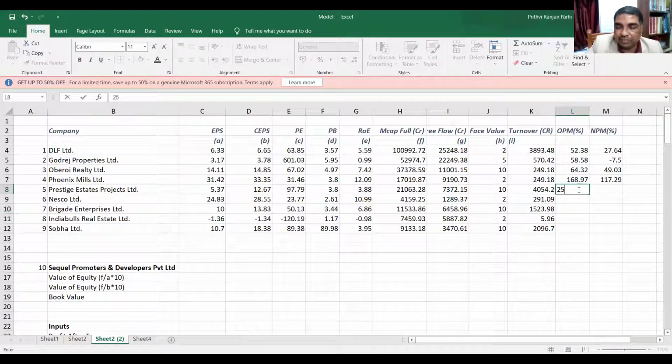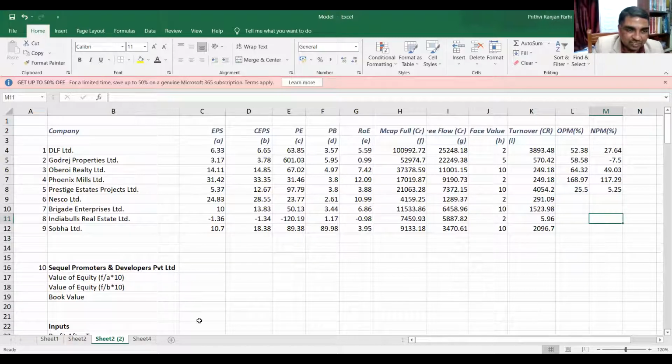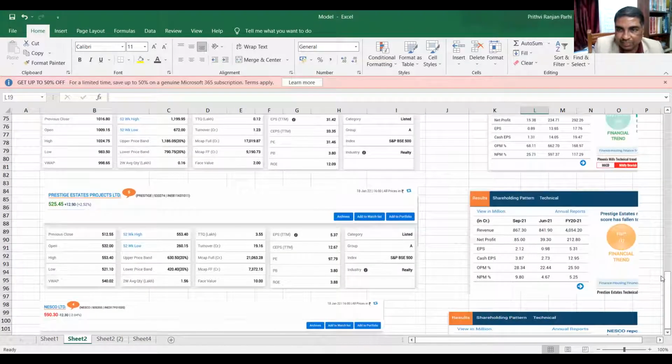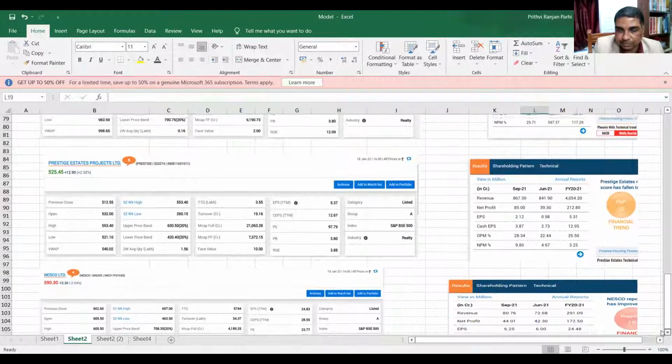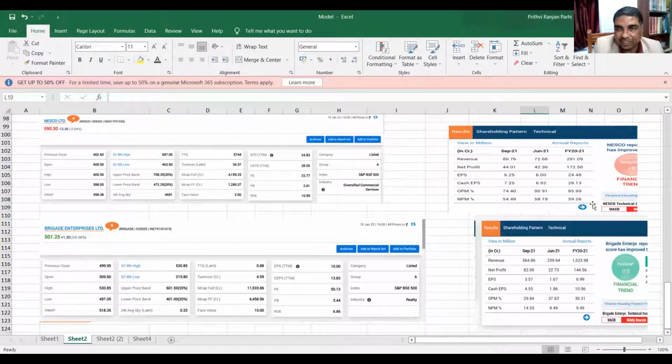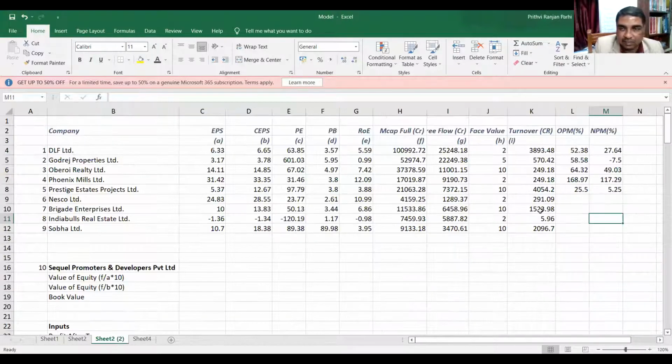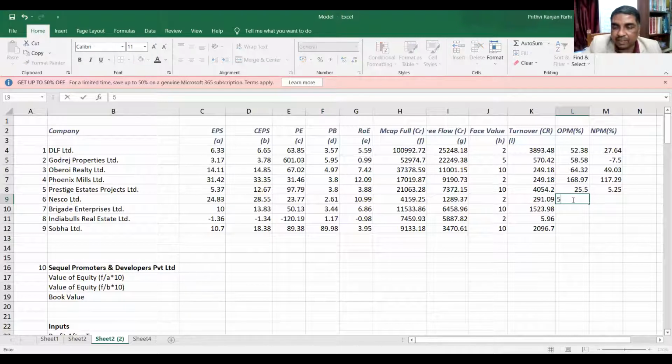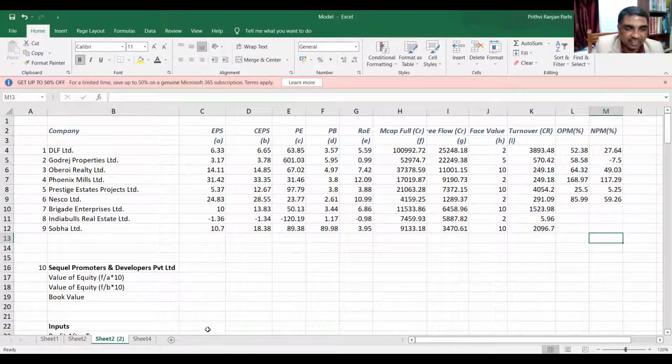Next company is Nesco Limited. We have this data, that's 85.99 and 59.26.